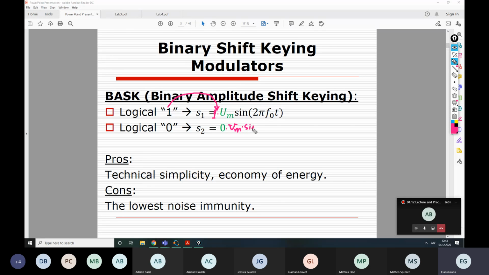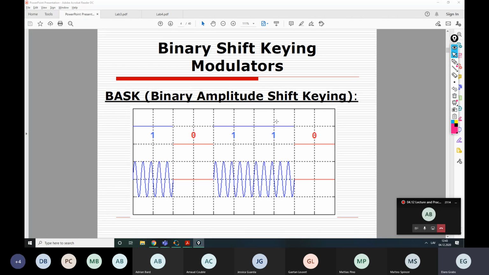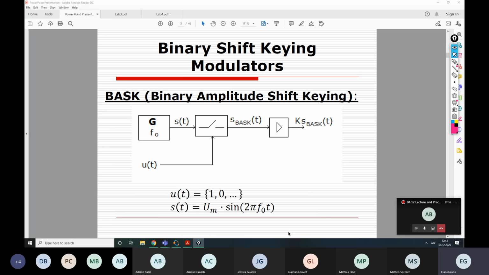And that's why this is called amplitude shift keying, because actually our data goes directly into the amplitude of the harmonic signal. You can say that this 0 level is actually a harmonic signal with a 0 amplitude, right? So this way it comes together, and that's our amplitude modulated signal. So how can we generate that signal?